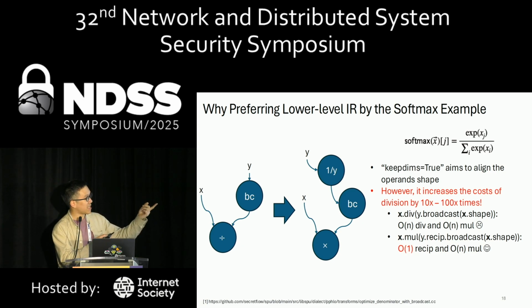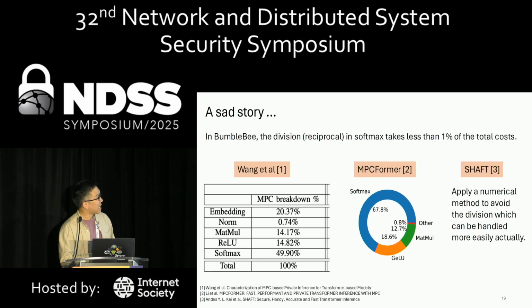So the number of multiplications is the same, but we reduce the number of inverses to just one inverse. And actually, it's quite a sad story that some of the previous work identified softmax as the bottleneck of the whole private transformer inference because of this kind of division.